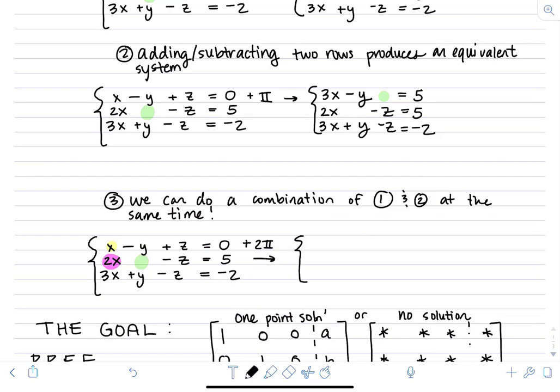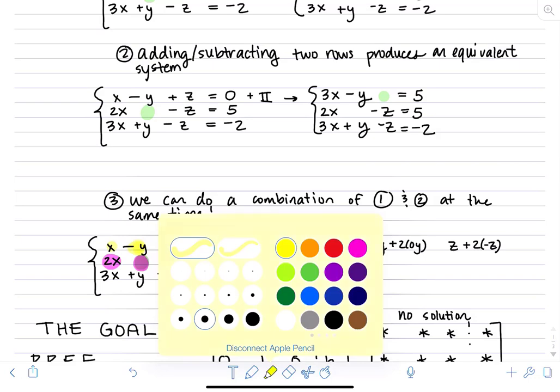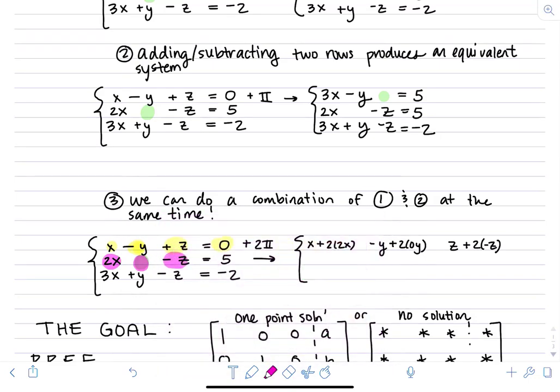2x. So we're going to have x plus 2 times 2x, and then for our second entry we'll have negative y plus 2 times 0, and then we'll have positive z plus 2 times negative z, and then we'll have 0 plus 2 times 5.